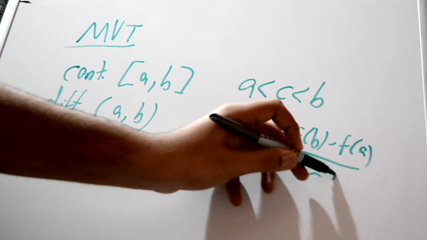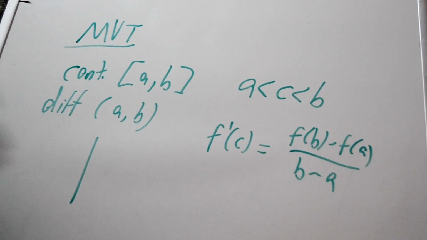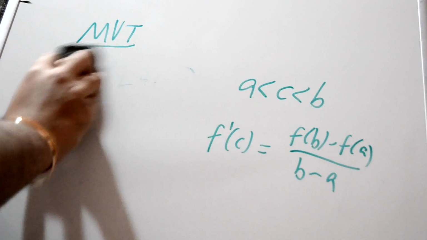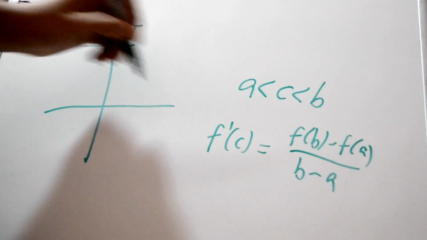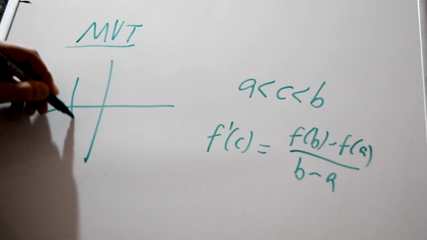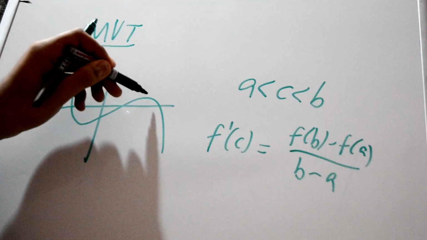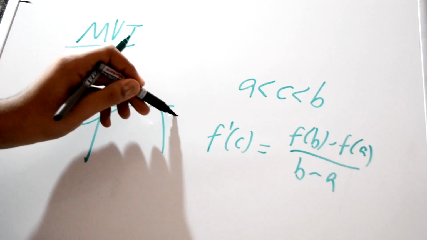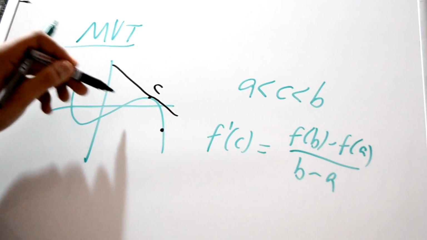And this is correct as well, because if we draw the graph, we'll draw it like that, then mark C. There's a tangent line at C, and we'll draw that.